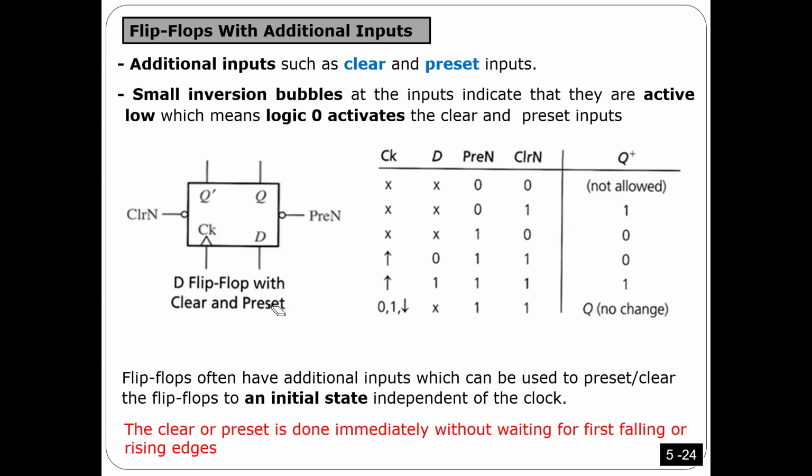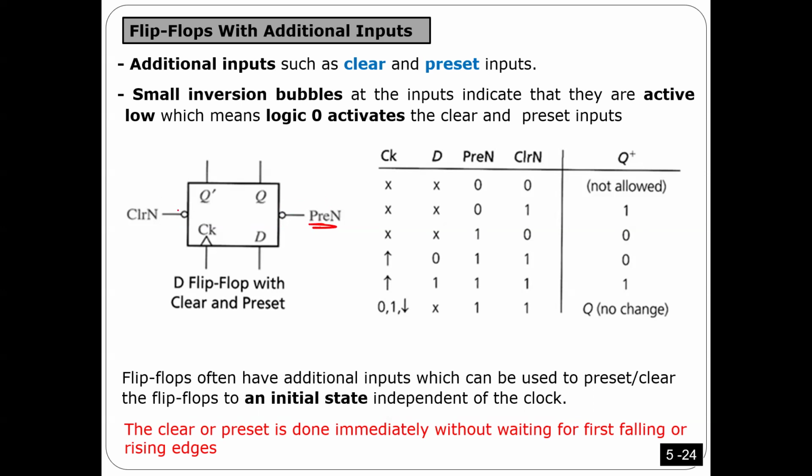And as I told you before, when you find one input with a bubble, what does it mean when you see a bubble? It means it's active low. So this action will be taken when active low. That means if I want to clear it, I have to input 0. If I want to set it, I have to input 0 because it's active low.